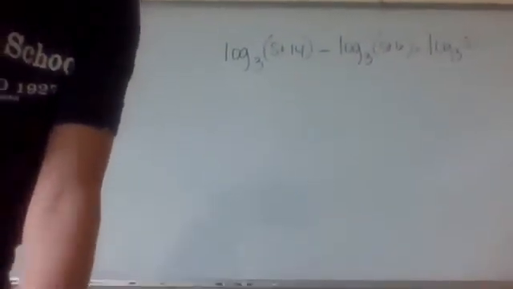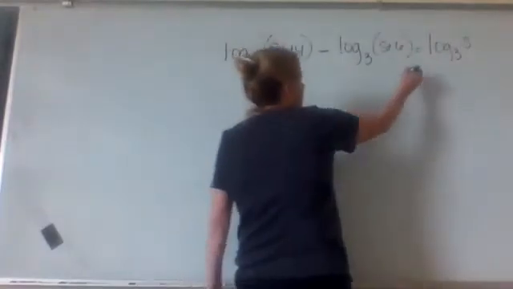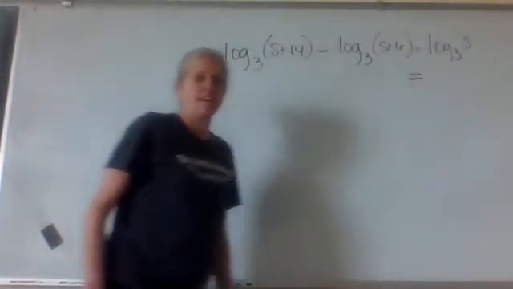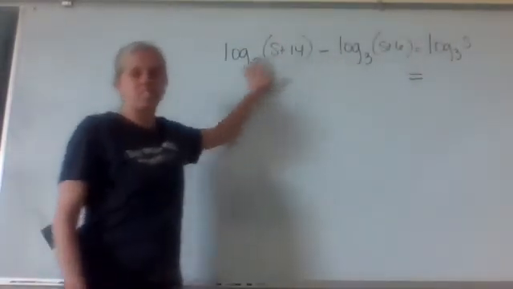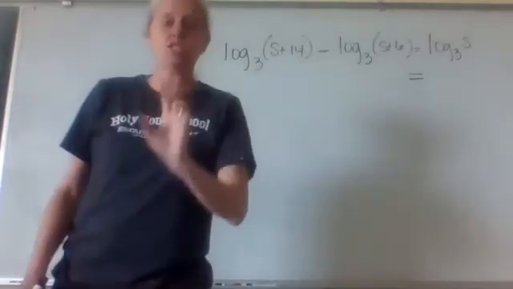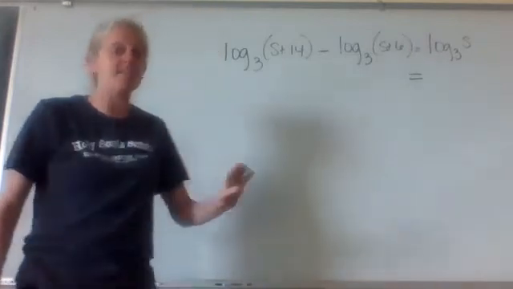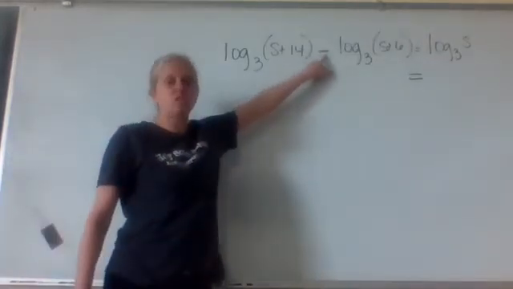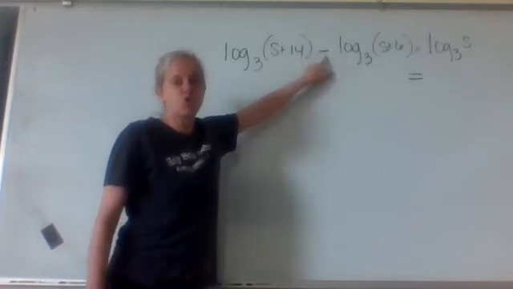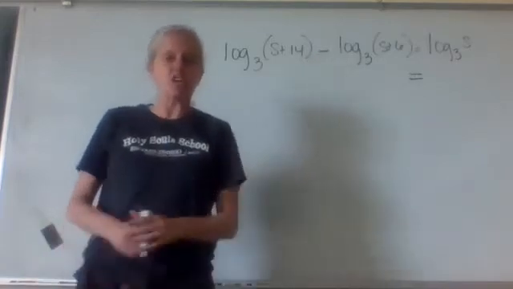Okay, so anytime, here's my equal. Anytime you have two logs with the same base on one side, turn them into 1. Now, since I'm turning them into 1, I need to see, are they added or subtracted? This time they are subtracted. What does that turn into?